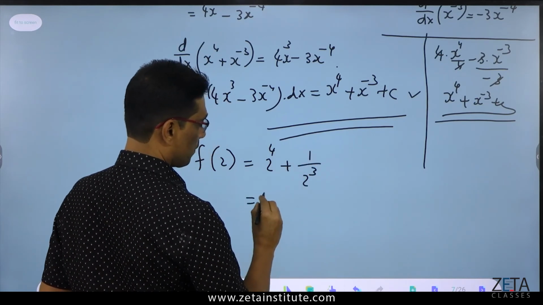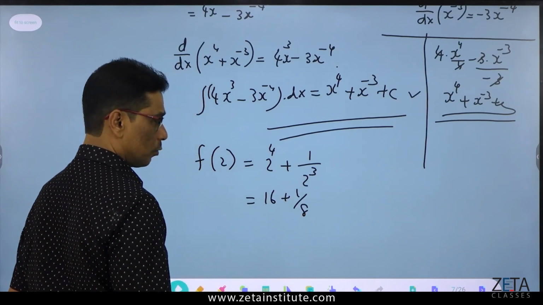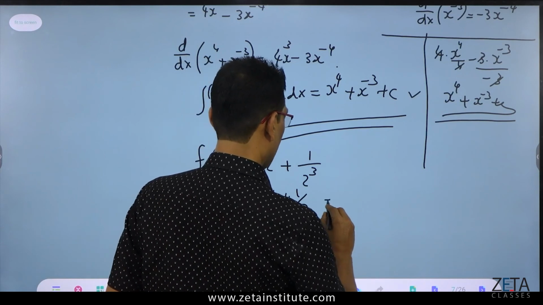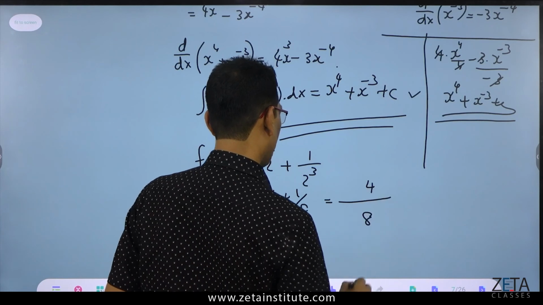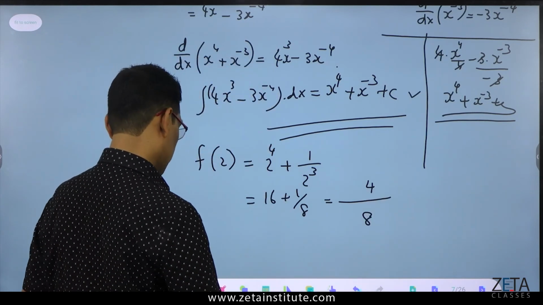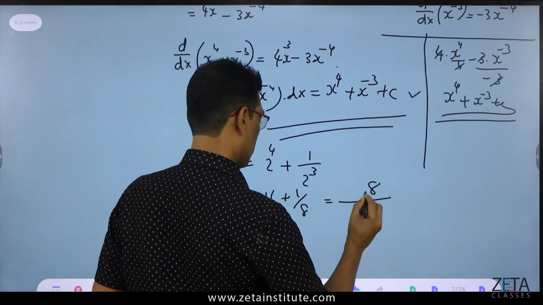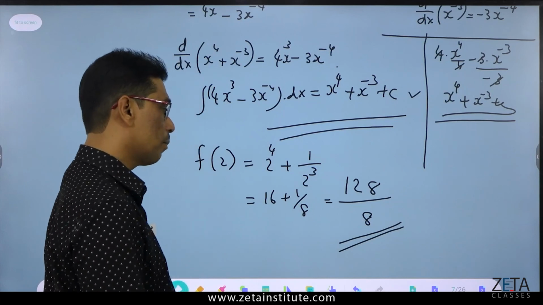So 2 raised to 4 is 16 plus 1 by 8. So it's coming to around 8. So 4 into 8, 6 into 8, 48 is coming. 4 is there, 128. So 128 divided by 8.